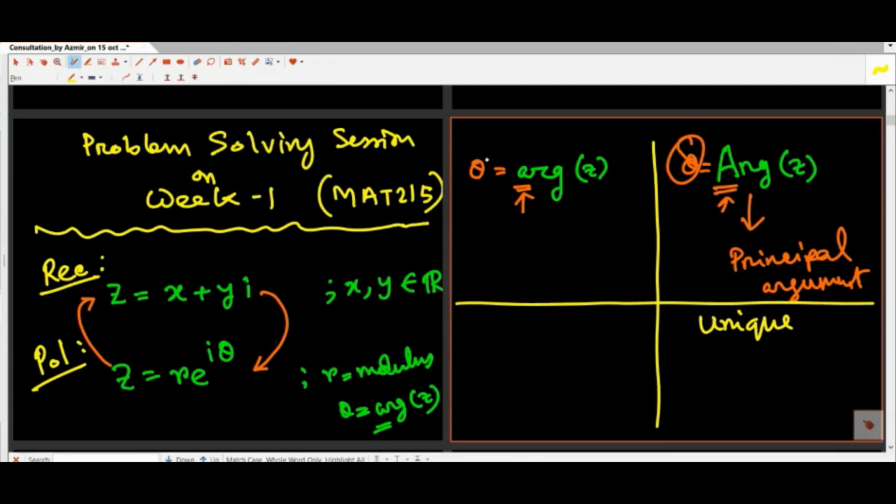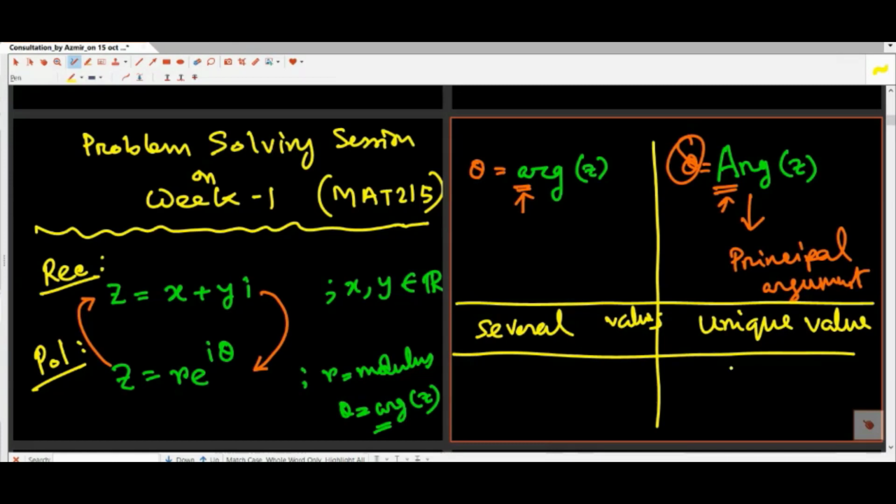But this argument, it is of multiple values. That means it can take several values. Okay, we can take several values for argument. But principal argument is only a unique value.